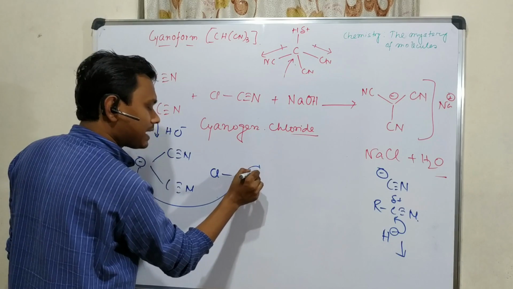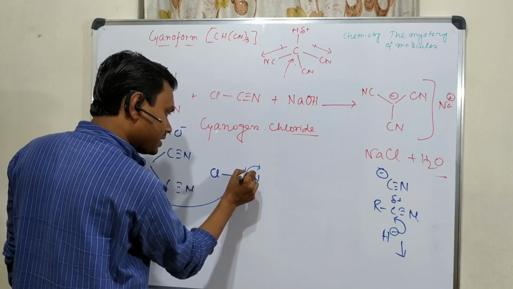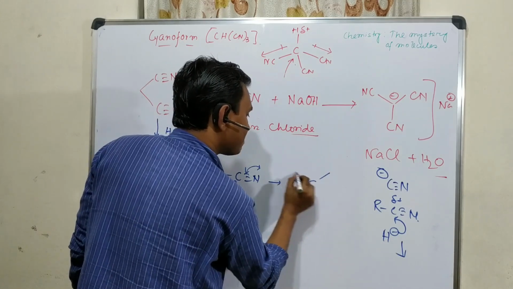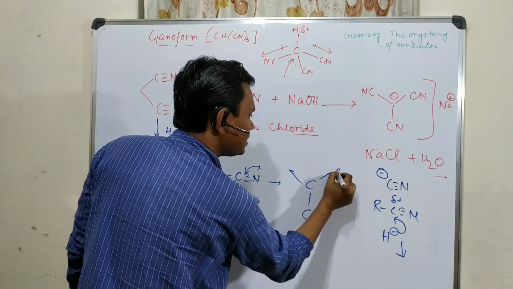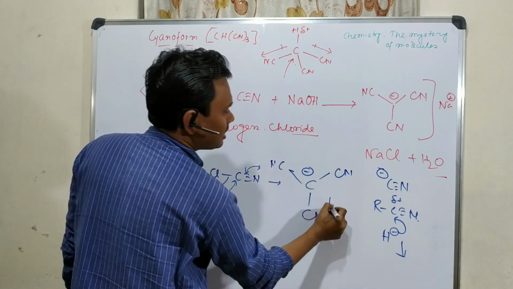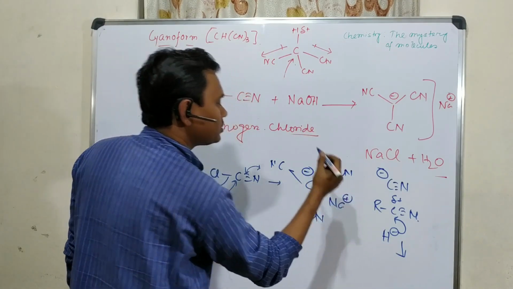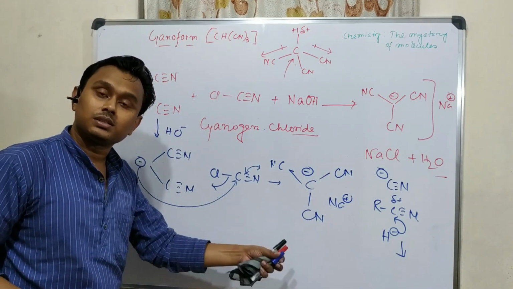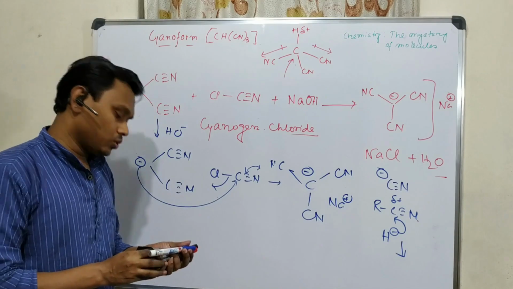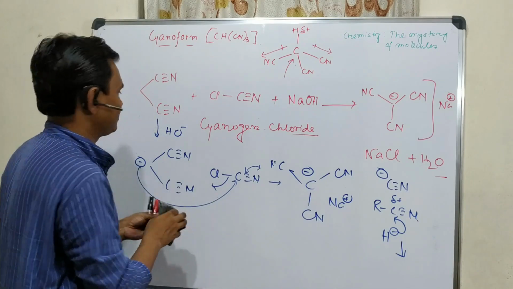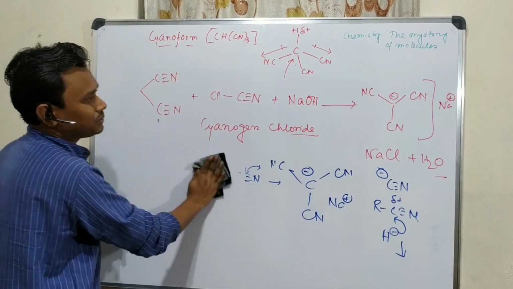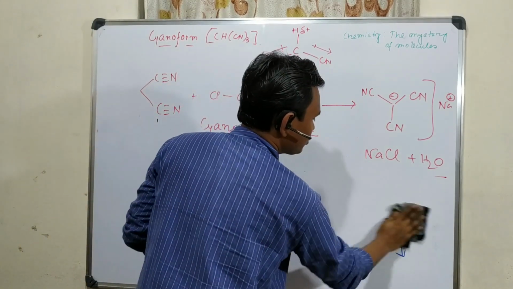First a nucleophilic attack happens. This electron goes here and again it pushes and chlorine goes out. What is produced? C(CN)3, and the corresponding sodium is the counter cation. So we got our targeted product here. So this is the way to prepare. Now one question could be asked. It's an interesting thing. Here we are using two equivalents.